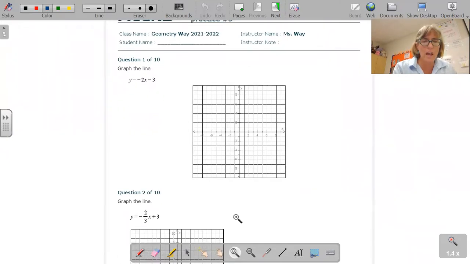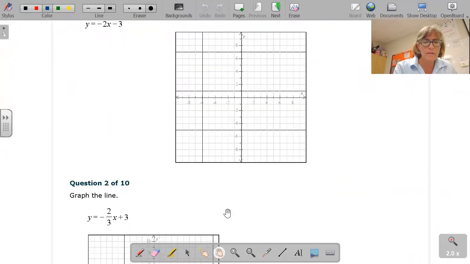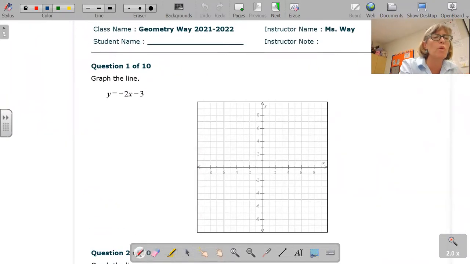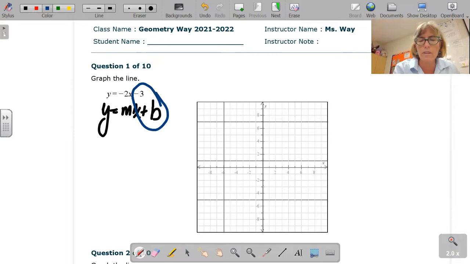So graphing this line, step one, of course, is you want to be able to write y equals mx plus b. And our b here is going to be -3 in this case. Technically, that's (0, -3).